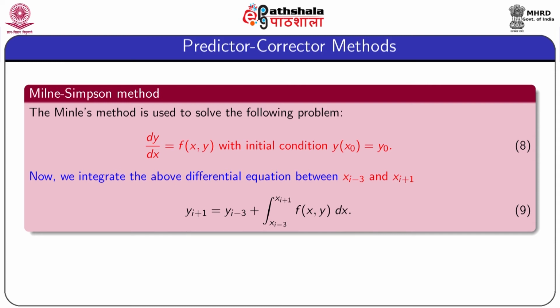Here also observe that the function f(x, y) is not integrable because the variable y is unknown. The function is a known, given quantity, but y is an unknown quantity, and this is a function of y.